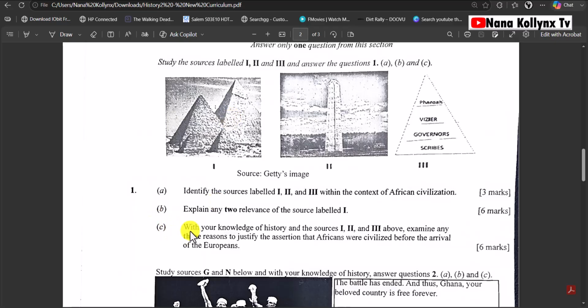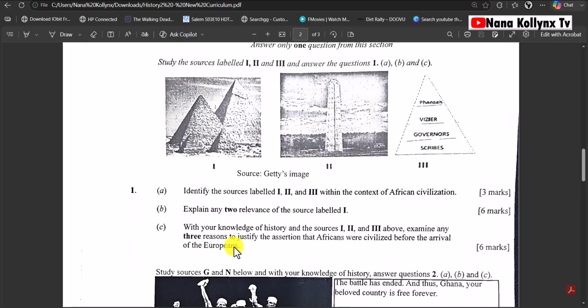1C, with your knowledge of history and the sources I and I above, examine any 3 reasons to justify the assertion that Africans were civilized before the arrival of the Europeans.